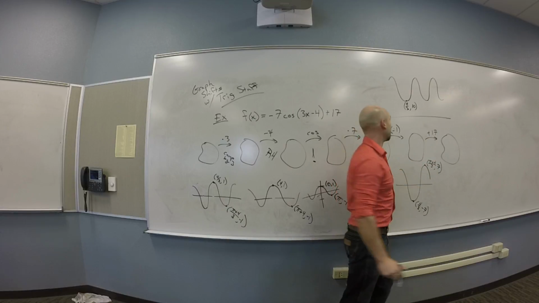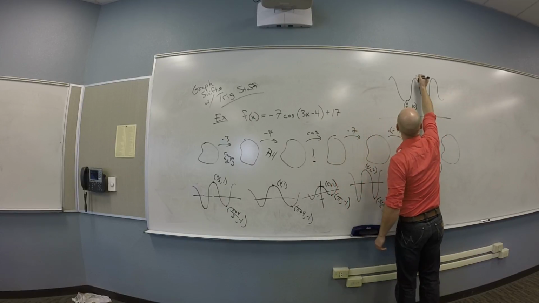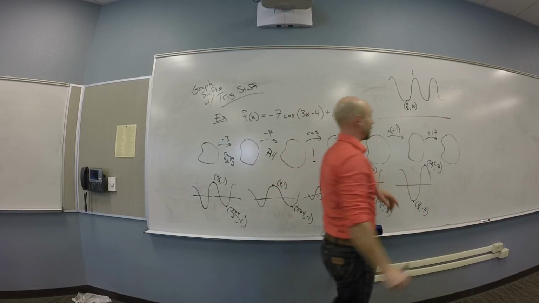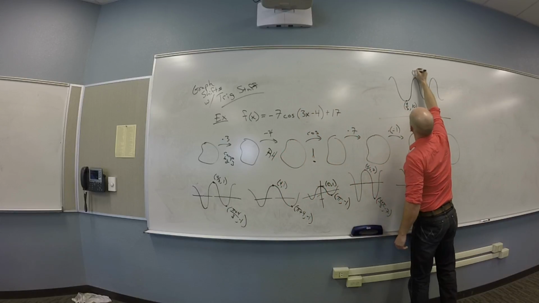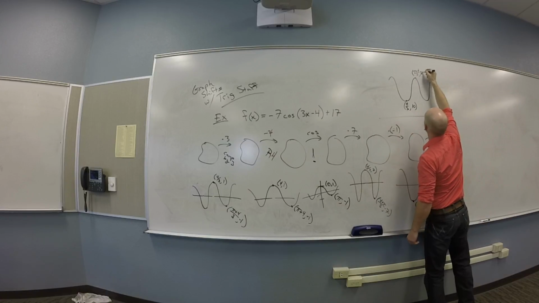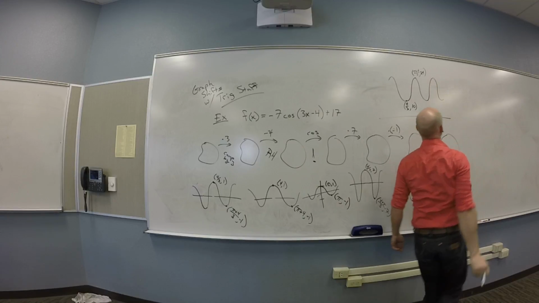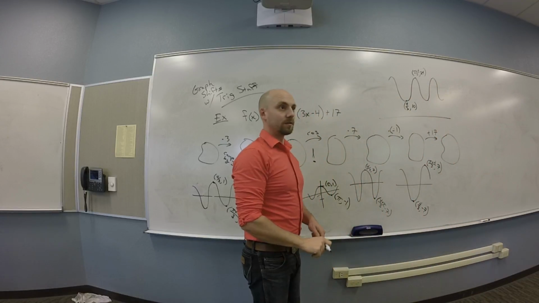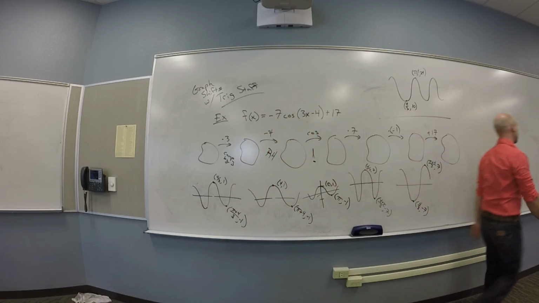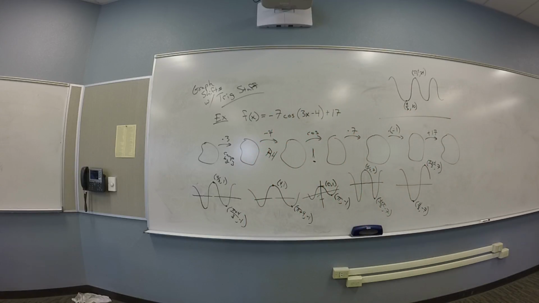And the top here is at ((pi + 4)/3, 24). Cool. And then the important things to note about a shifted trig function are what?